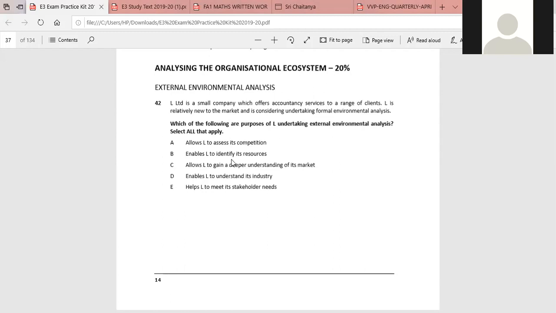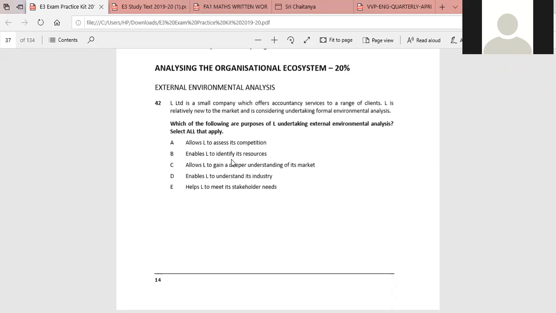Let's start. 42nd question. L Limited is a small company which offers accountancy services to a range of clients.